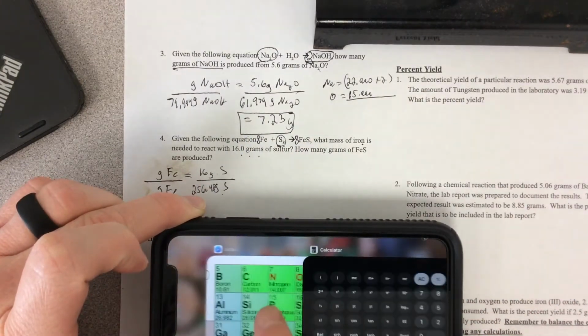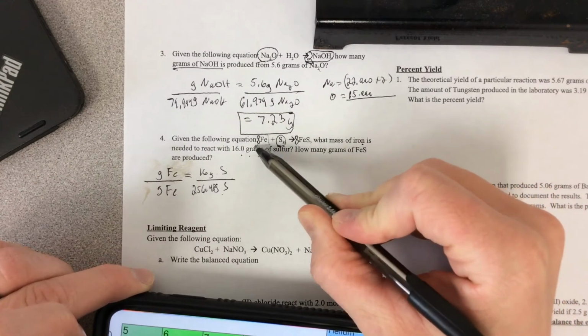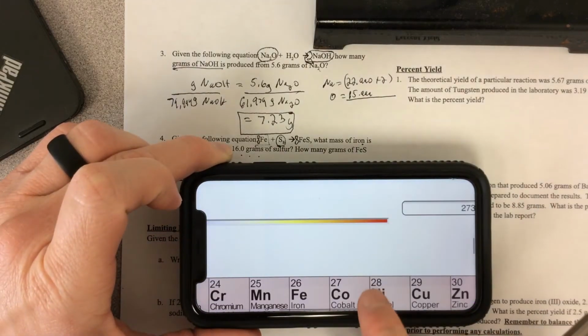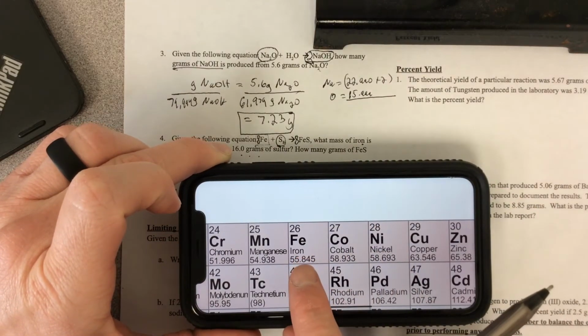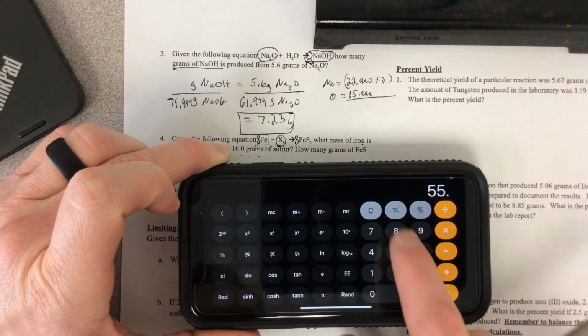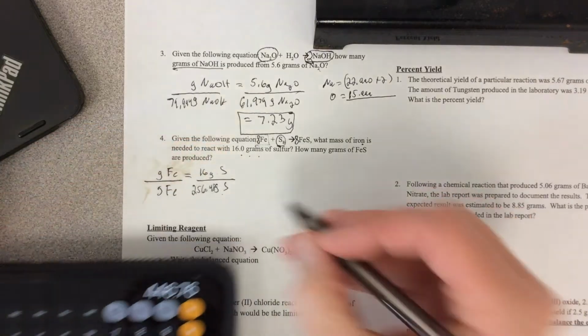All right, then we're going to talk about iron. So iron is right here, and it says there's also 8 of them. Iron's element number 26. It's 55.845. And that would be my total mass for just the iron.